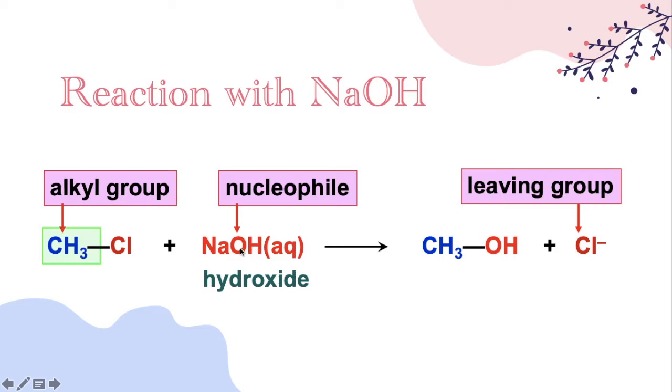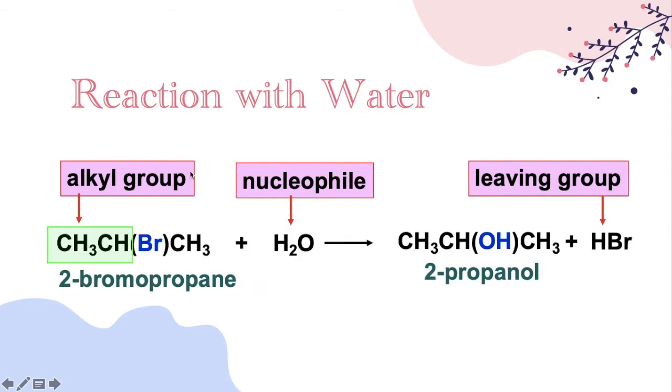The OH minus is the nucleophilic site. So the alkyl group is the electrophilic site. OH minus will replace Cl in this reaction, and Cl minus becomes the leaving group.